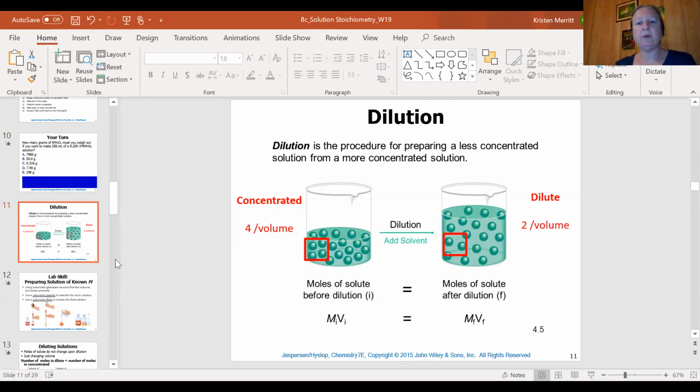So this uses initial and final, but I use 1 and 2. You also will see this with C for concentration. It's the same thing. It's M1V1 equals M2V2. Again, I use 1s and 2s. C1V1 equals C2V2. It's the same thing. You are going to have 3 of these numbers, and you're going to solve for the 4th.